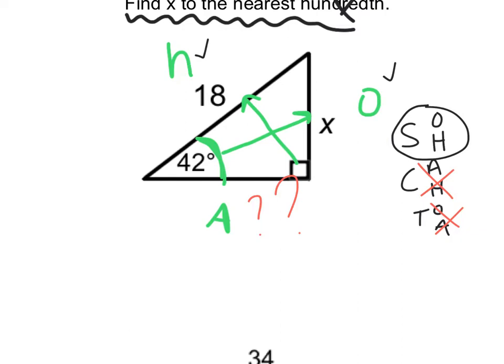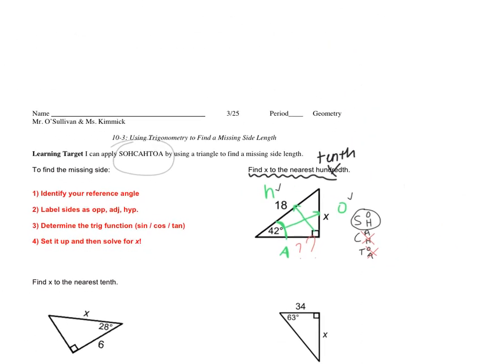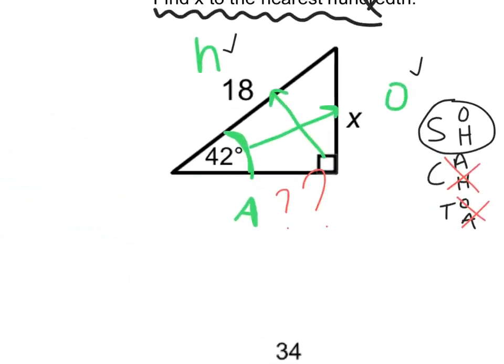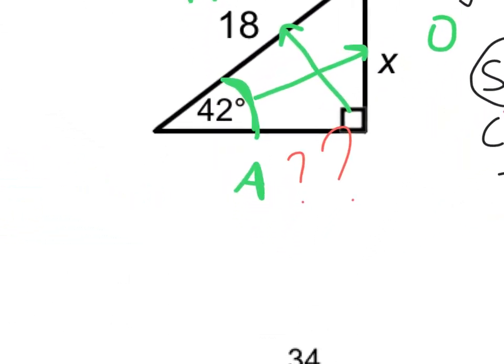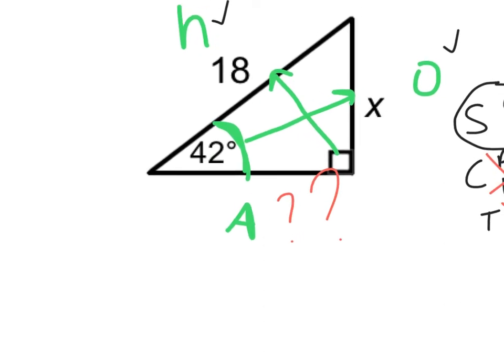Now that I see it's sine, I simply set up my proportion. We know it's sine. Now we set it up and we solve for x. Here is how you do your setup. You write down sine of 42 equals your opposite over your hypotenuse.